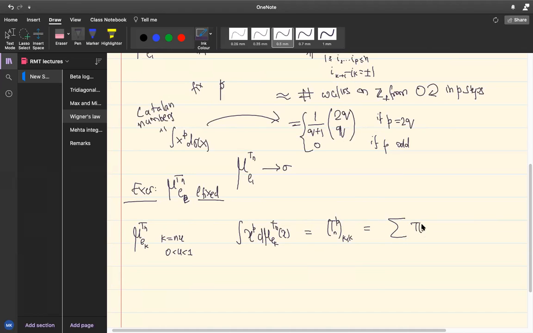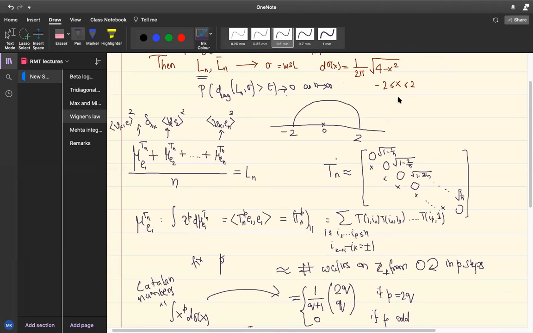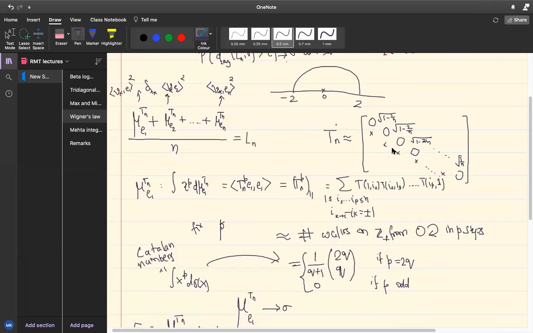I get T of I1 to I2, T of I2 to I3, up to T of I_P to I1, where again I1 up to I_P are between 1 and n, and I can say I_{k+1} minus I_k is plus or minus 1 because of this condition. I'm using this simplified matrix, where all randomness has been removed anyway.